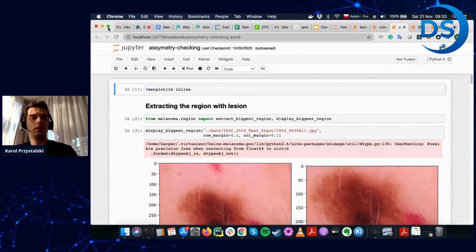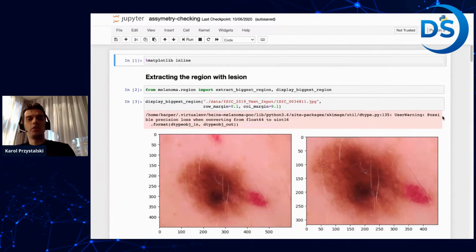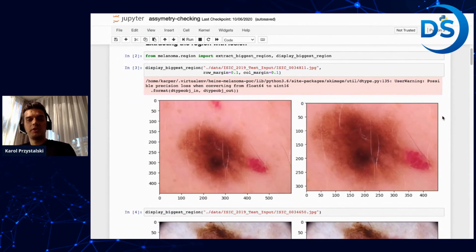Here we go. Asymmetry. So there are different ways to measure the asymmetry. One of the examples is what the doctors usually do. They divide it by 8, right?